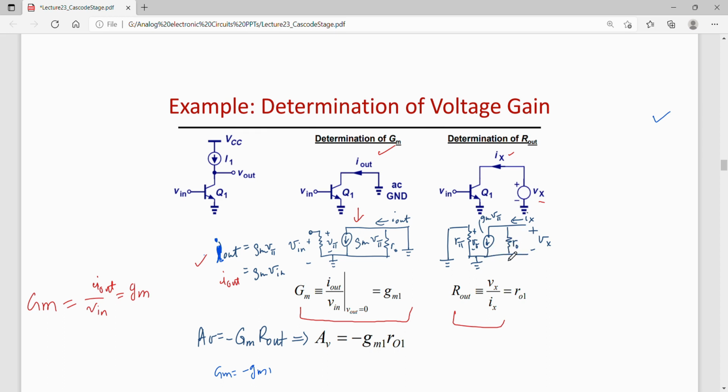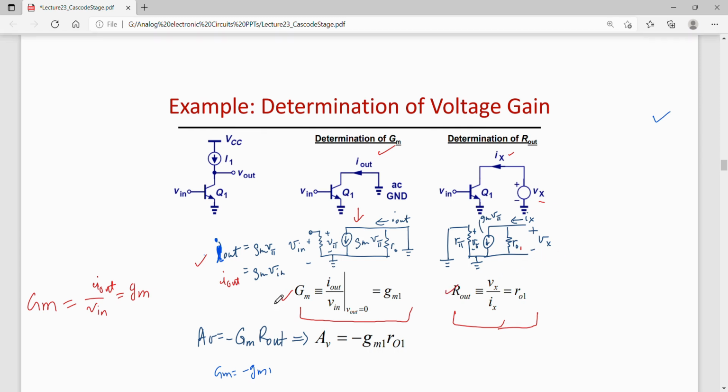We had done this earlier. So draw the small signal and then find out the Vx by Ix ratio, which is equal to RO1. So R out of this circuit is RO1, and GM is also calculated, R out is also calculated.